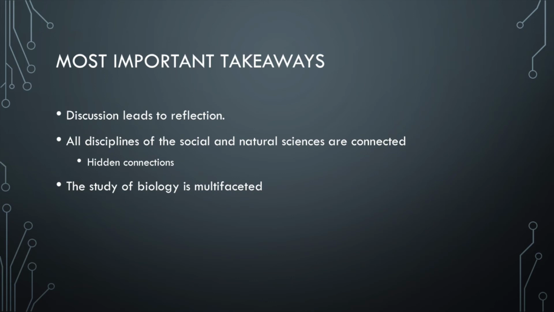That really hit home for me in the human impact portion of the course, because when you talk about human impact, you have to also take into account how our impact on the environment affects our economy and how it affects social structures, social communities, and things like that. So, just in that one example, it's very clear that the social and natural sciences are very much connected.